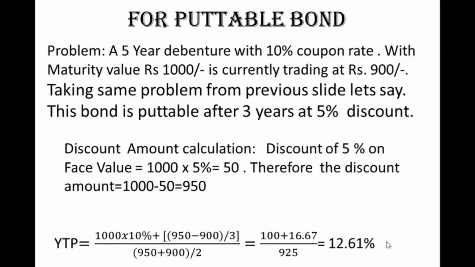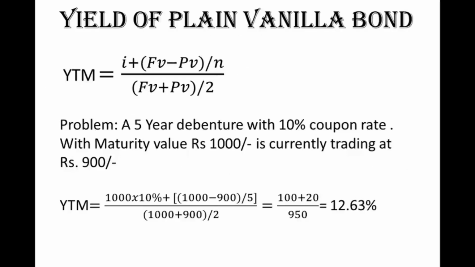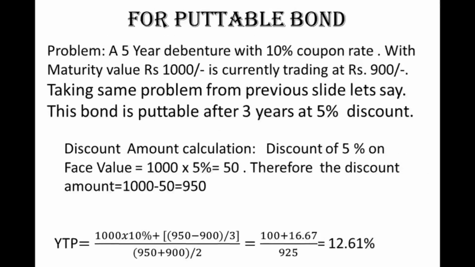So the total yield to put will be 12.61%. If you see, it is the lowest return among all: between yield to maturity, yield to call and yield to put, yield to put has the lowest return. So this is with respect to the different kinds of bonds when it comes to fixed coupon.